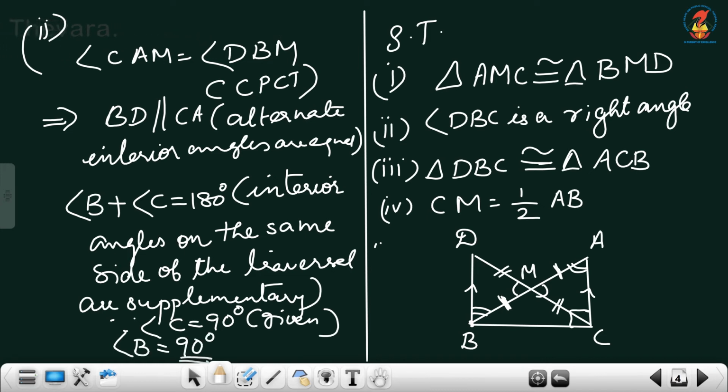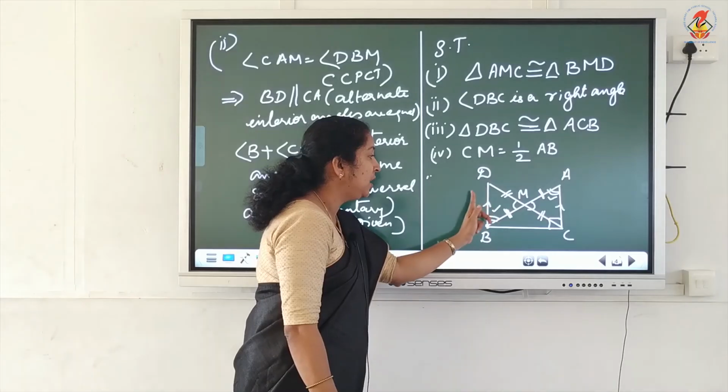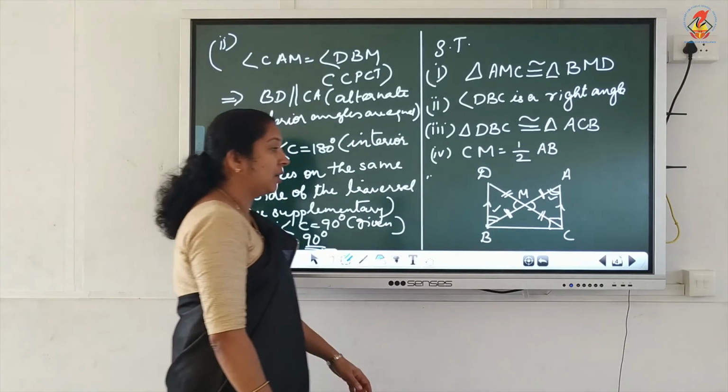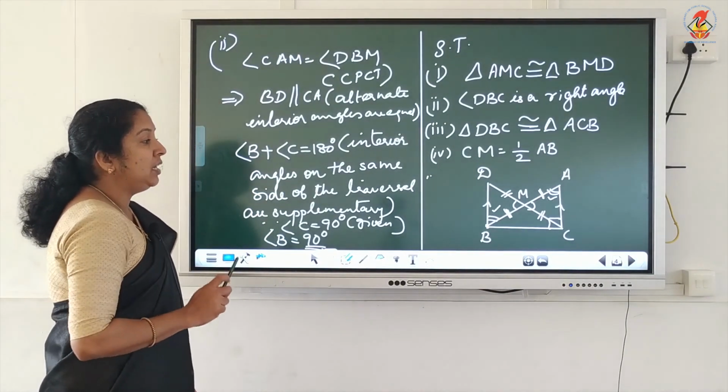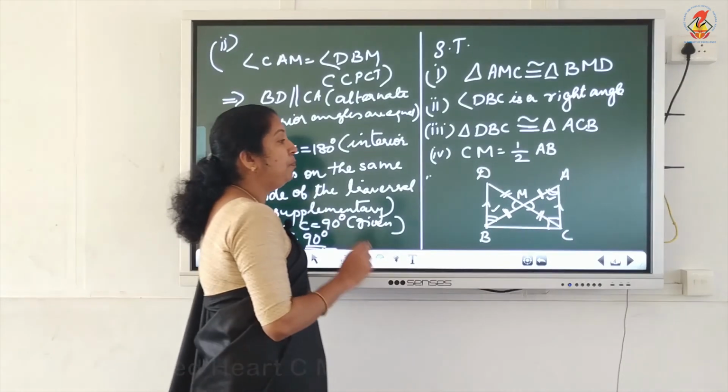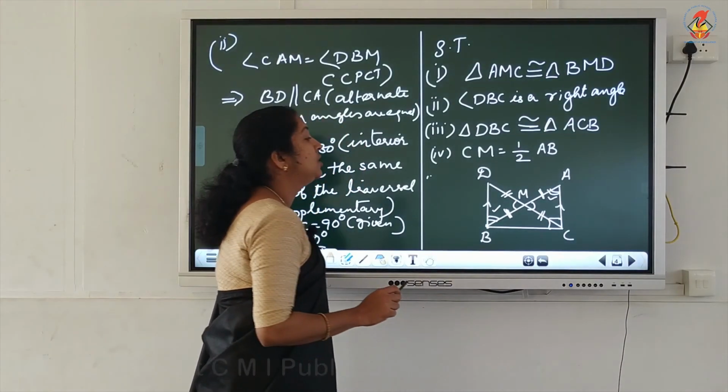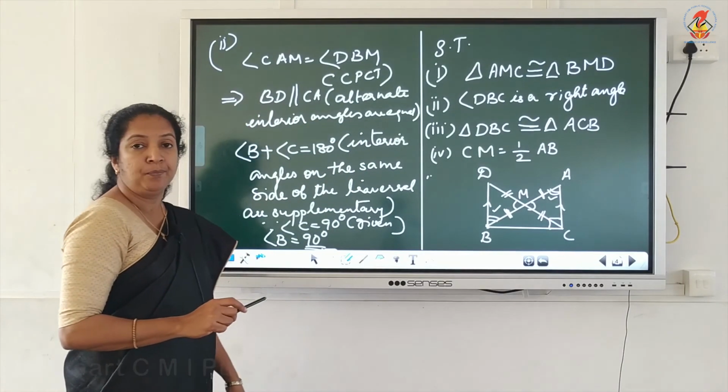I will explain this once again. These two angles are equal using CPCT because we have already proved triangle BMD is congruent to triangle AMC. So, using CPCT, angle DBM is equal to angle CAM.